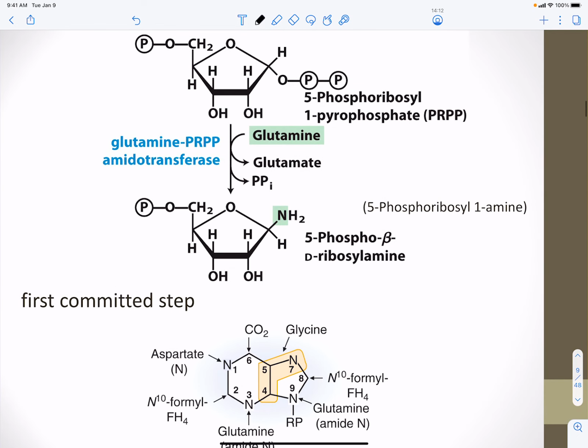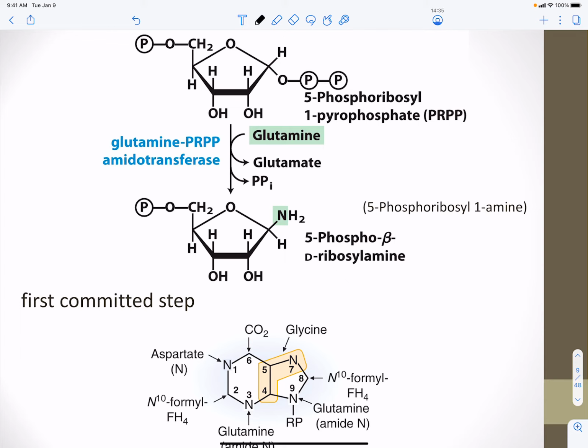Okay, so once you have this first PRPP, then you can start bringing in your other components to start developing your ring structures. And so the first committed step is going to be the inclusion of your nitrogen from glutamine.